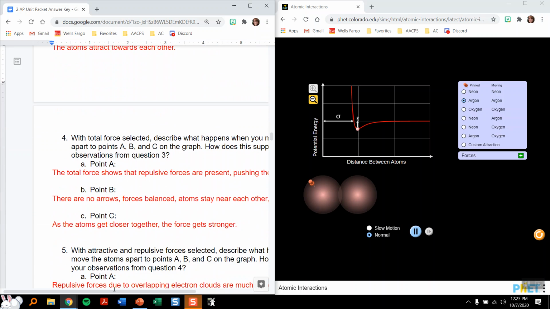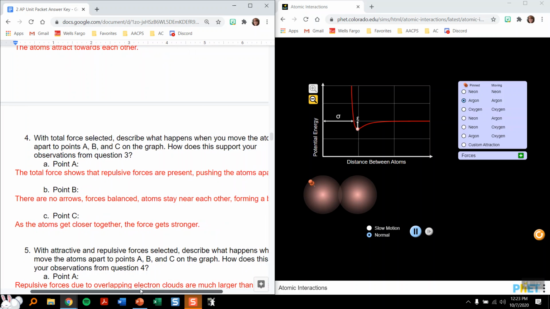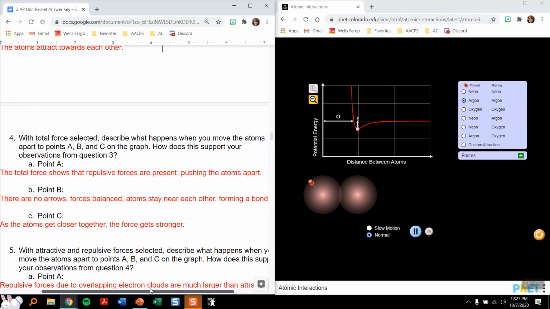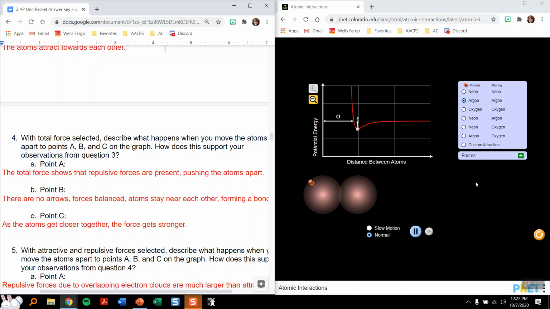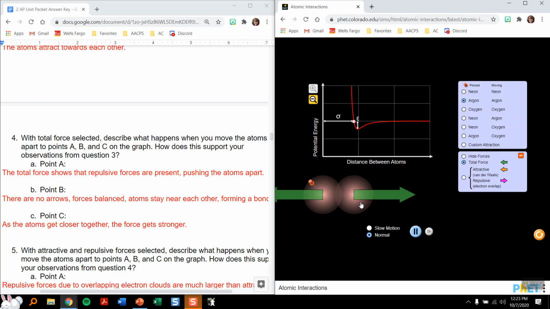So now we want to do the same thing, but this time we want to observe it with total forces selected. So I'm going to go ahead and select total force, and again, look at the different points. So at point A, we see that there is a net repulsive force. And we see that very quickly, as these guys get too close together, that repulsive force gets very large.